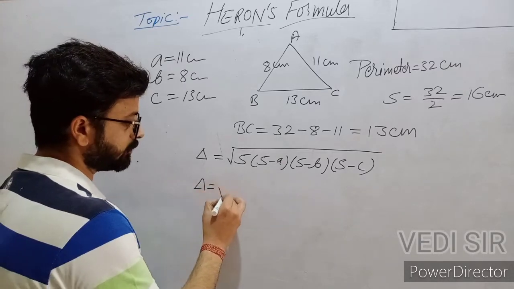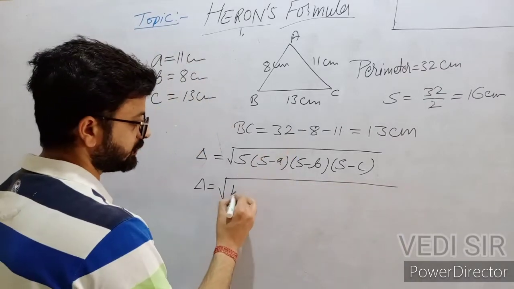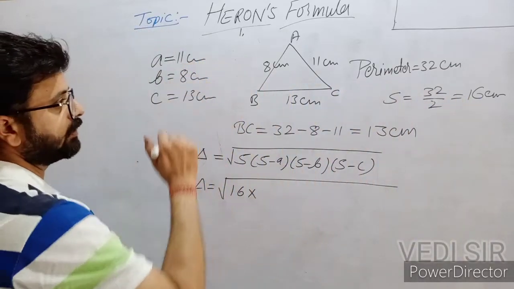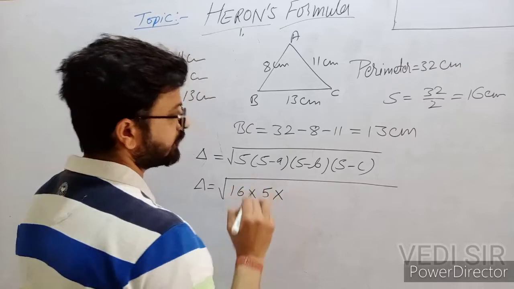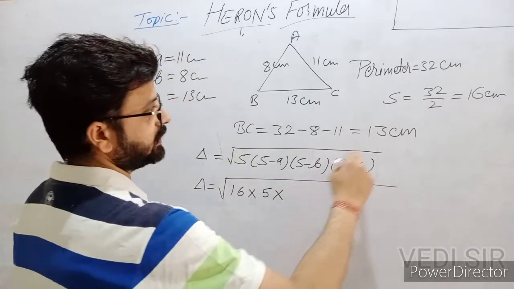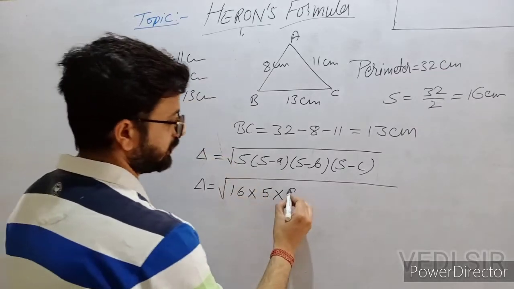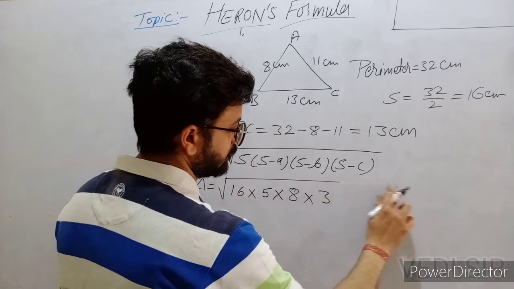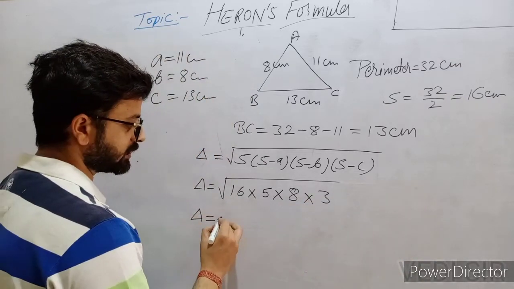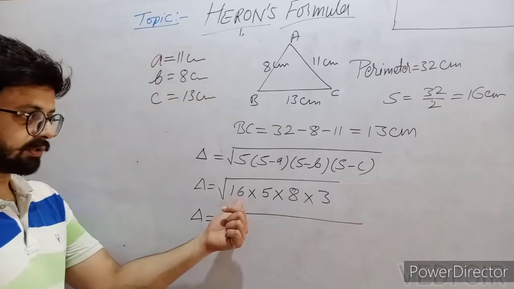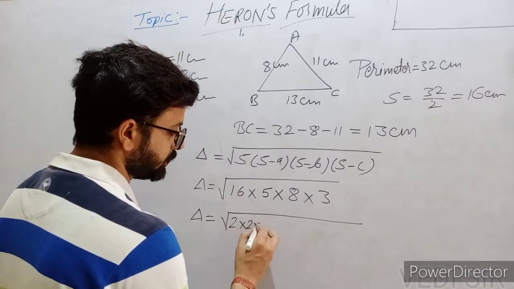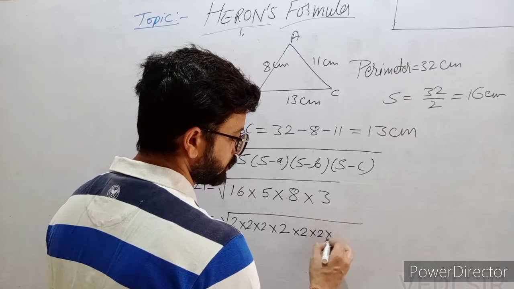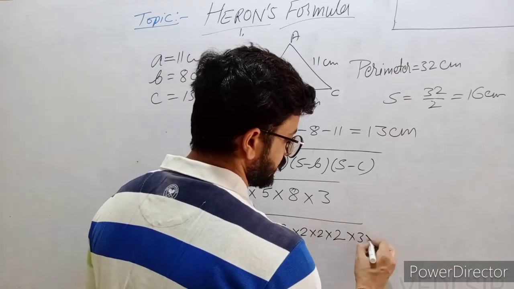Now in Heron's formula I am going to place these values as 16 minus A, 16 minus 11, then 5, and S minus B, 16 minus 8, then 8, into S minus C, 16 minus 13, then 3. Now what to do? We should write their prime factorization. 16 we can write 2 into 2 into 2 into 2. Now I am writing first 2 into 2 into 2, then 5, 3, and then 5.